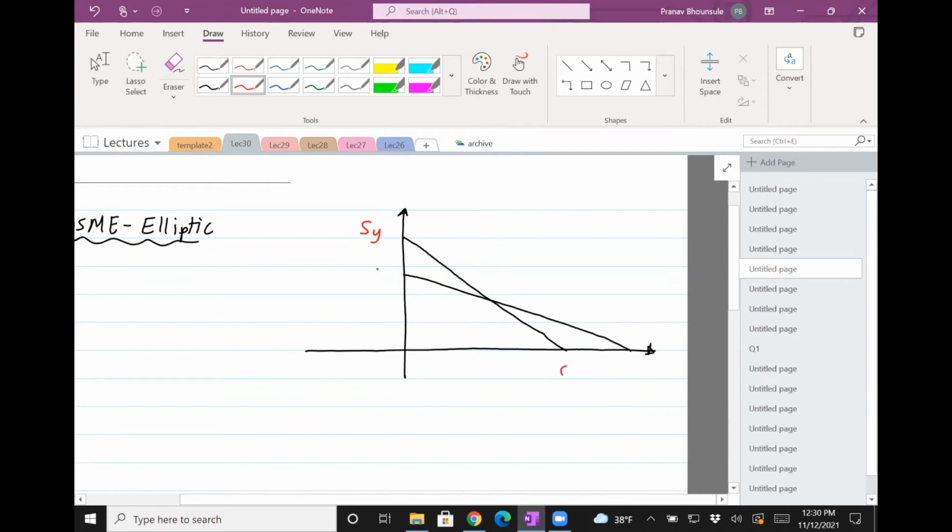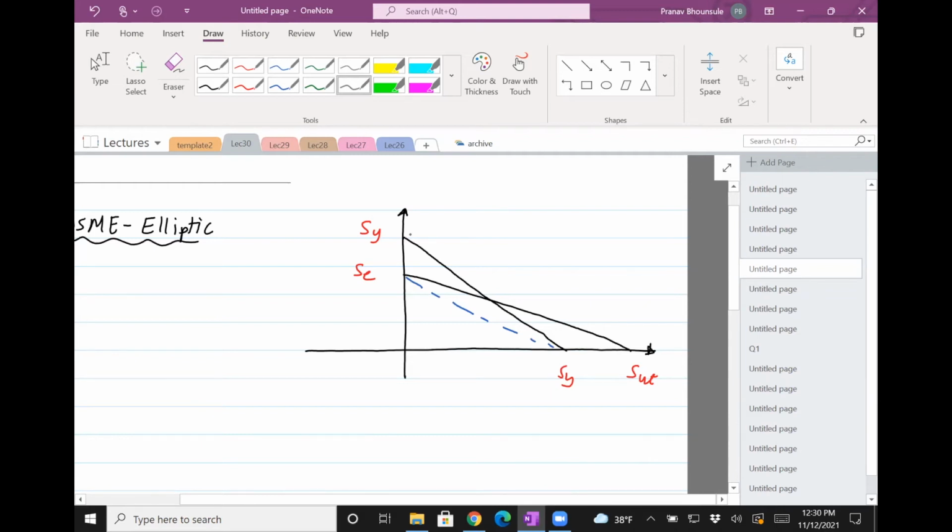SY, SY, SC, SUT. So that's the Soderberg line.